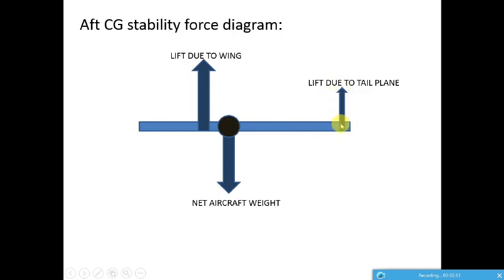As you can see, the magnitude of this lift component on the stabilizers is very much less compared to that of the wing, because the length of this force component about the CG is very much more compared to the length of the force component of the wing lift and the CG. Again, the same way as we discussed in the forward CG aircraft force diagram, you can change the component of force by moving it away or towards the CG.